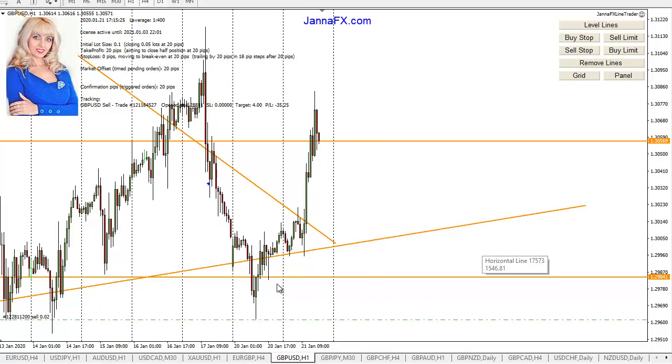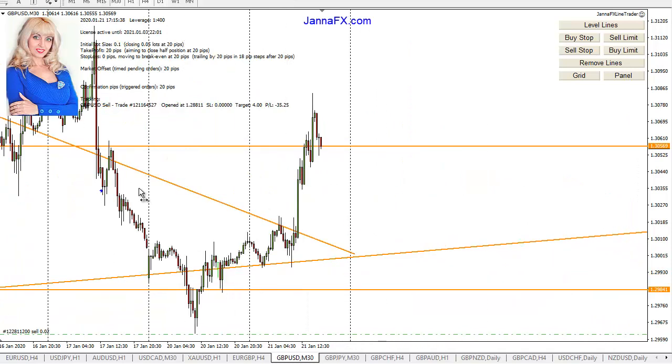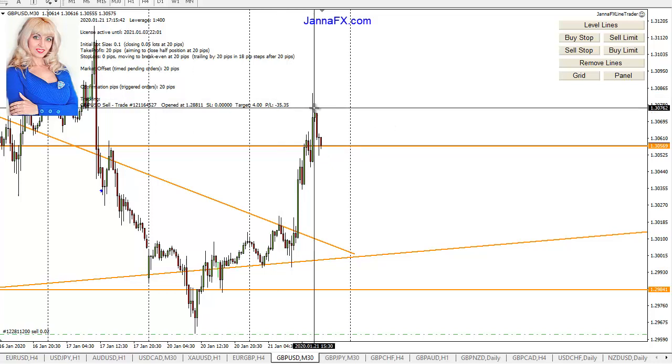Okay, pound dollar had a huge jump, and so it's back to one of my levels, and I'm just going to check and see if it's actually going to consolidate on top of that level. And I still have a bit of time.